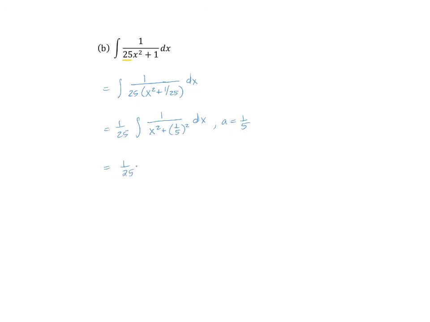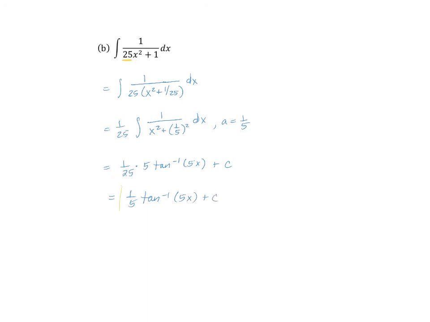Since a is 1/5, 1 over 1/5 is 5 times tangent inverse, and the argument is x over a. X over 1/5 is actually 5x plus my constant c. So on the outside, the 1 over 25 times 5, I can simplify that to 1/5. And it's tangent inverse of 5x plus my constant c.